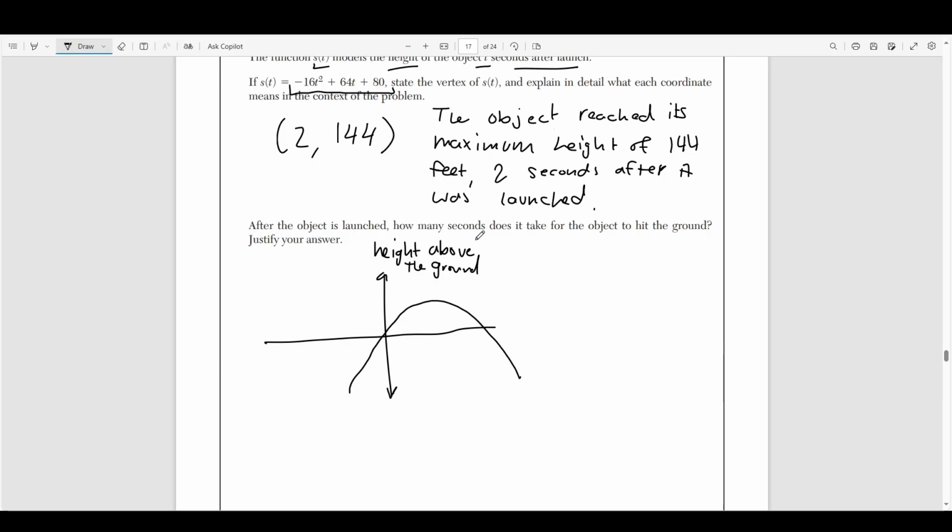If you're literally lying down on the floor, it's always going to be 0. The floor is always going to be 0 feet. It's kind of awkward to explain because it's intuitive. The ground level is going to be at 0 feet, right? So anywhere along here, the x-axis is kind of the floor. If we imagine this to be the path of the object, then it's on the floor here, and also back on the floor here.